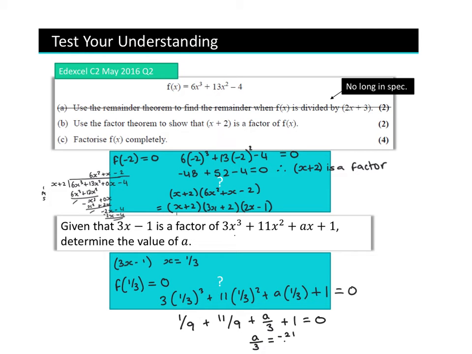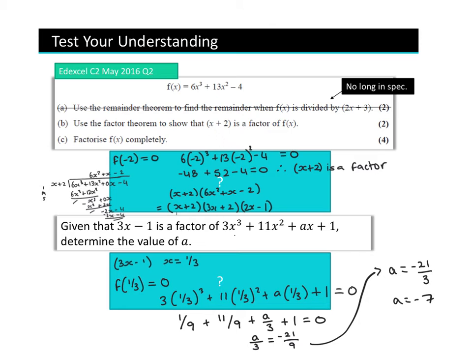So minus 21 over 9 if I bring it to the other side. Again, I'm just doing simple rearrangement here. Then if I multiply both sides by 3, I get a equals negative 21 over 3. We know that negative 21 divided by 3 is in fact negative 7. So in this case, our a is negative 7.